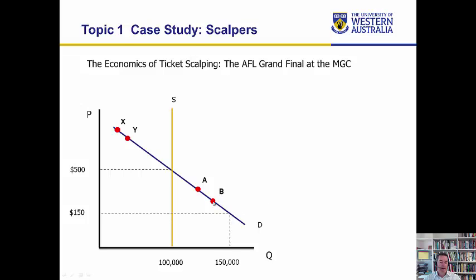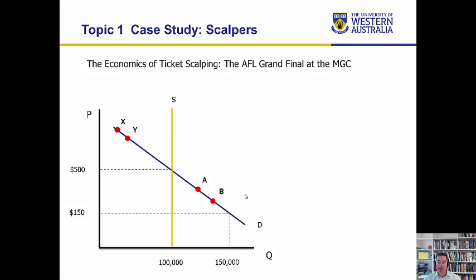Person B is roughly person 100 and say 35,000. And that person has a willingness to pay for a ticket of around about looks like about $190, maybe $200 from the vertical axis. Now, the other thing I'm assuming here is that all seats are the same. I know in reality they're not the same.